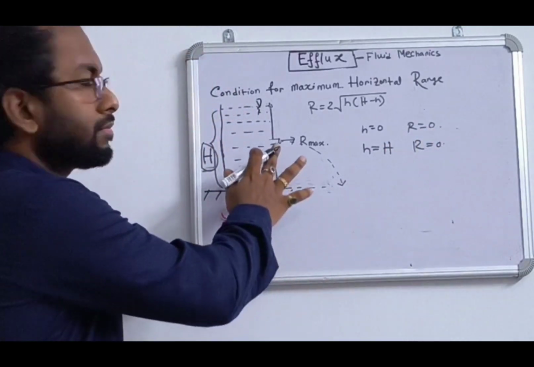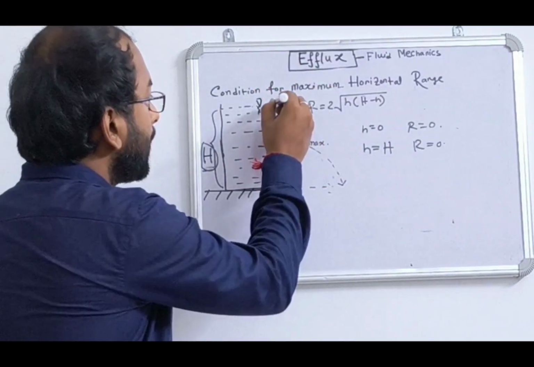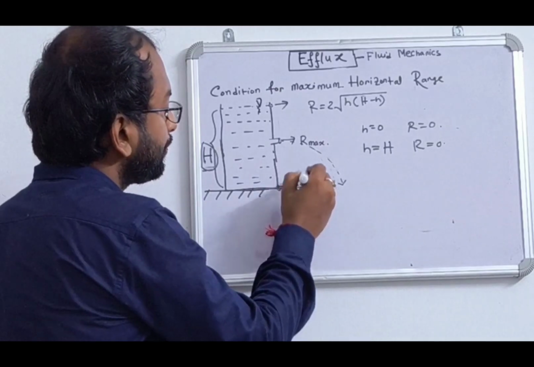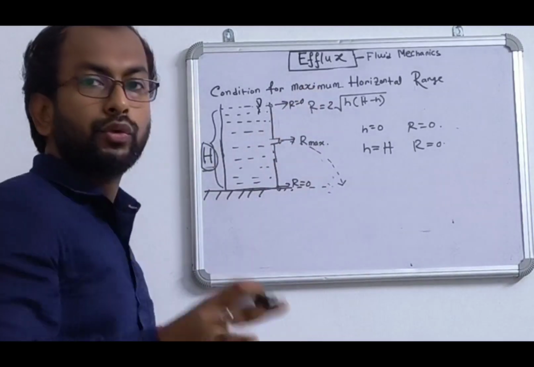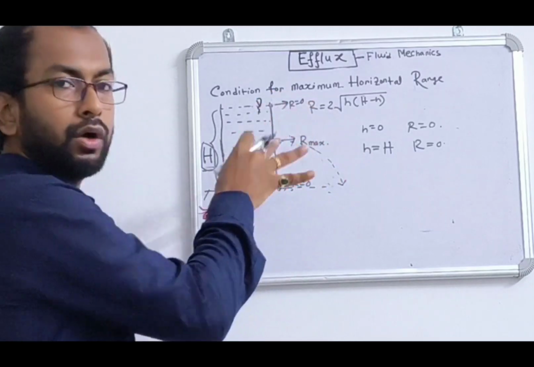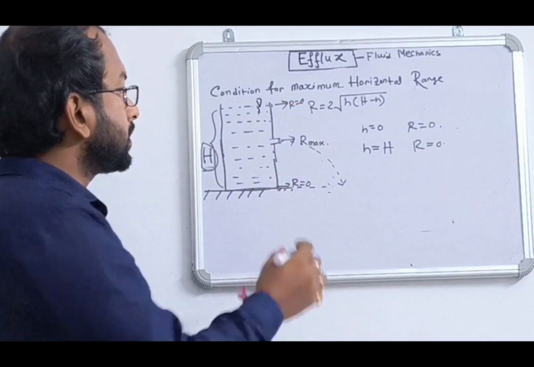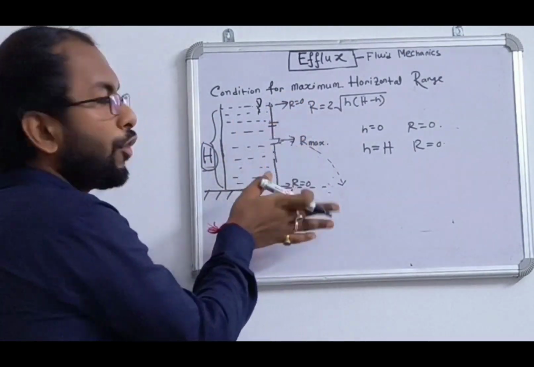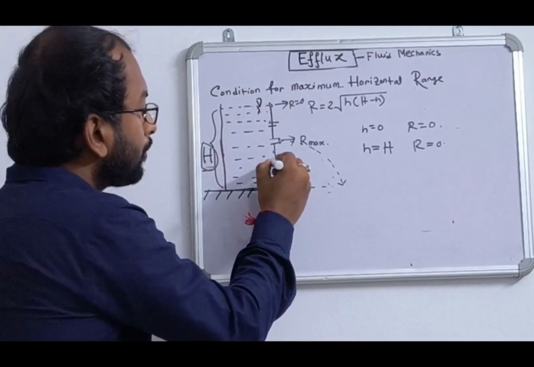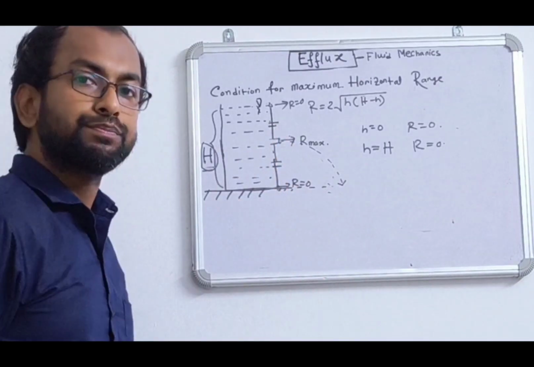So range is maximum at the middle and the range is 0 at either extreme. So the range varies from the maximum to the minimum on either side. So I can find two such points: I can make a hole above the middle height and I can make a hole below the middle height. For both of these depths, I'll get the same range.